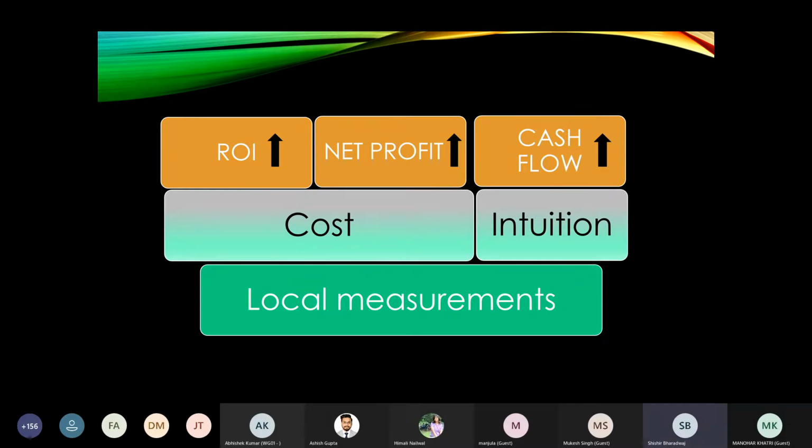Cost we can calculate, so we are very good at it. Intuition is something which may be fully developed, may be partly developed. So cost and intuition, both of them sometimes are counterproductive, sometimes are in the same direction. So the decisions are difficult. Intuition says do this, cost says don't do it. And this is nothing but the source of chaos in most organizations.